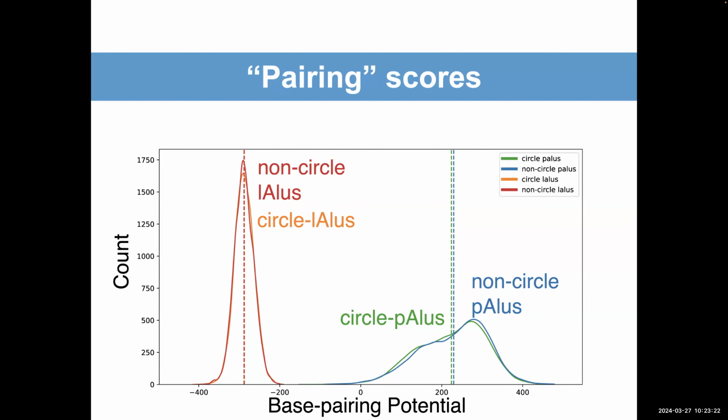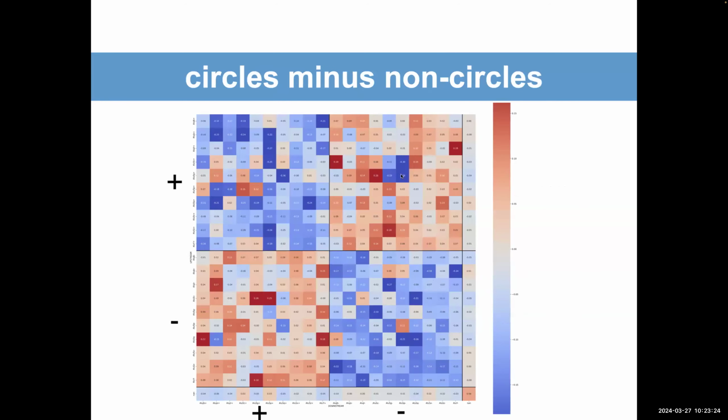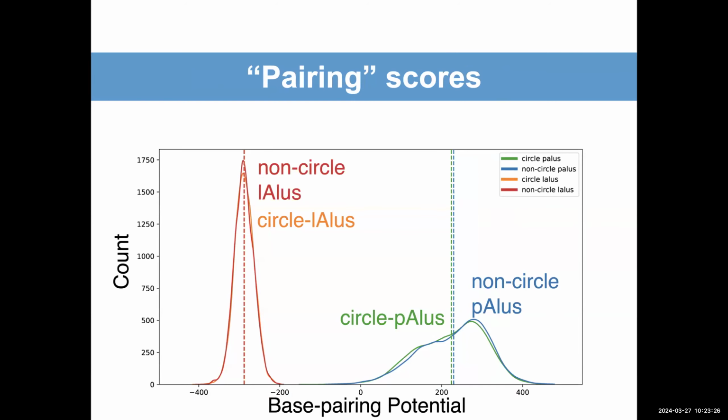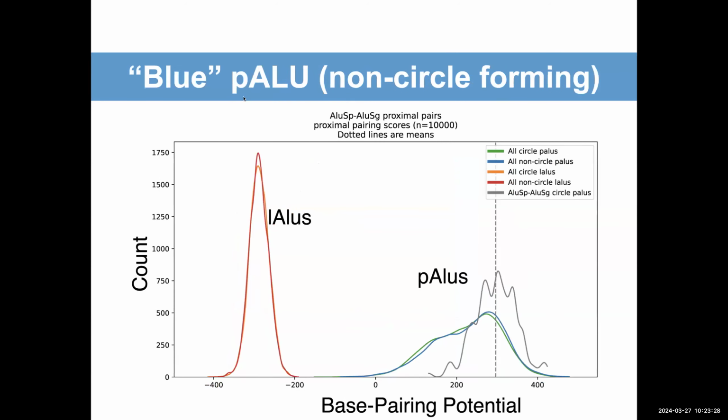So what if we now go back and we look at one of these really blue squares? So these PALUs that aren't very circle forming. And you can see that's this distribution that I've shown you here. And what's interesting with this distribution is that it's very much shifted to the right, to sort of high base pairing potential, right? So it's even further to the right than the median of all the genome.